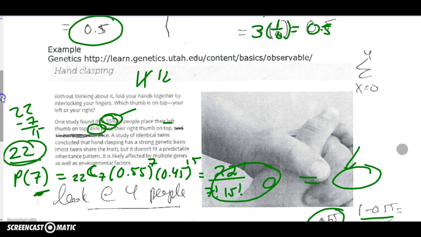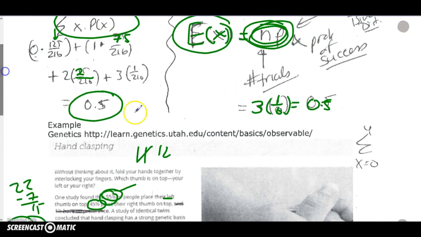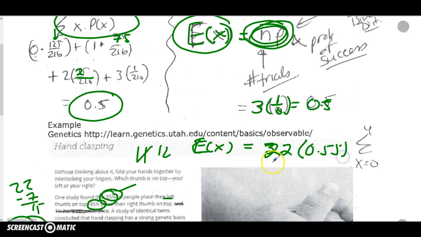If we just look at this right here, E of X, that's an E. My E's look like a sigma, so I want to be careful. You can go ahead and work this sigma x p(x) thing out, but even easier if you know it's binomial. You just say there are 22 trials, 22 kids being checked, and the probability of success is 0.55, and then you multiply that out.